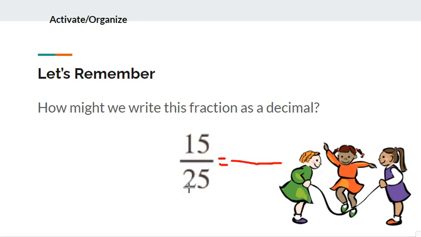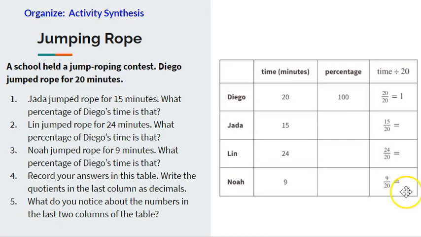I can't multiply 25 to make 10, but you can multiply by 4 to make it 100. Multiply 15 times 4, that gives us 60, so 60 hundredths. So this, as a decimal, would be 60 hundredths or 6/10. Again, you can drop the 0. It's still the same value. It's just said differently.